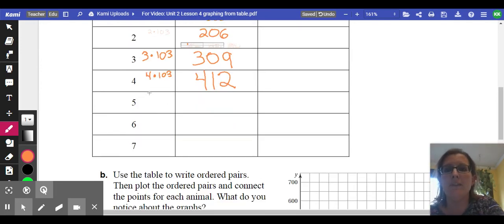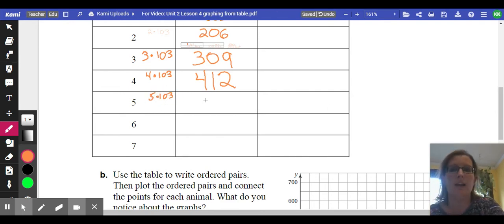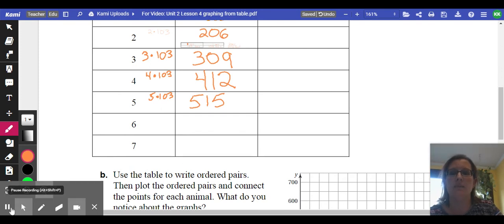And then we do 5 seconds times 103. And 5 seconds times 103 feet per 1 second means that that cheetah will travel 515 total feet. Then in 6 seconds, we'll do 6 times our unit rate of 103 feet per second.